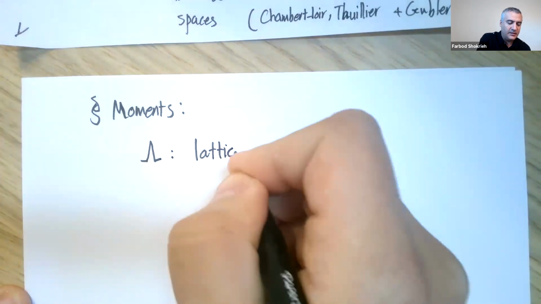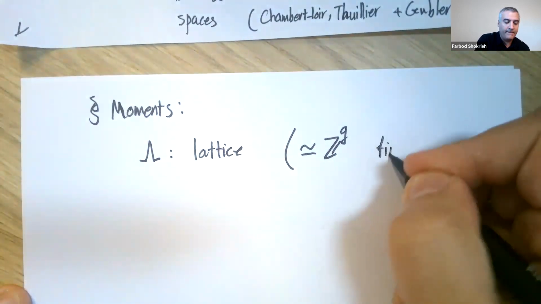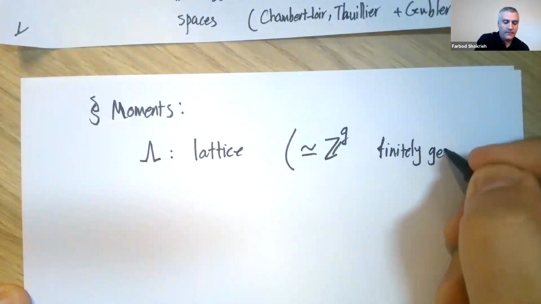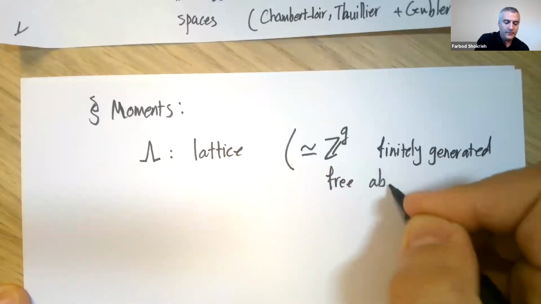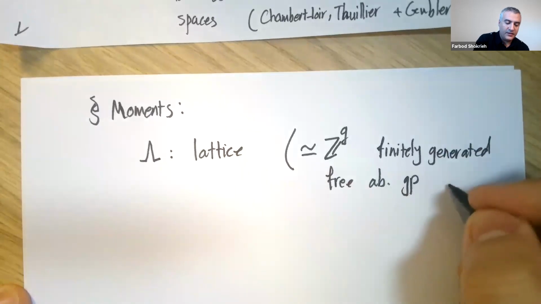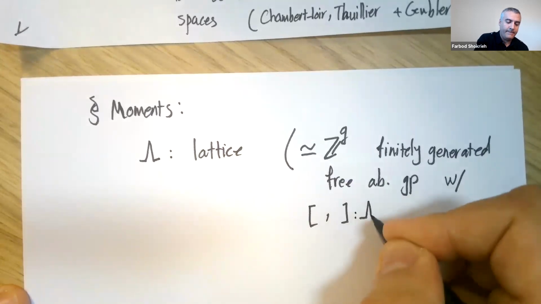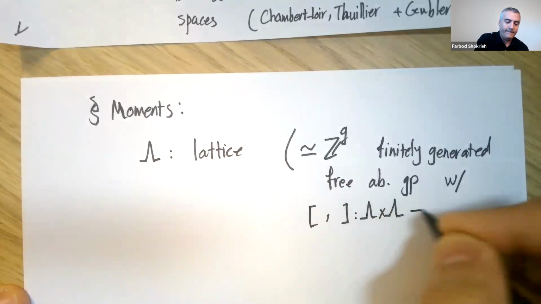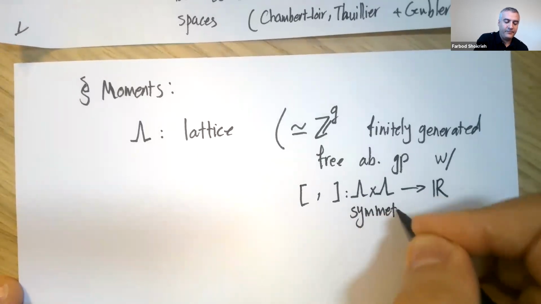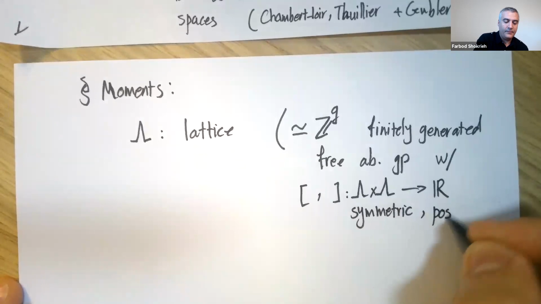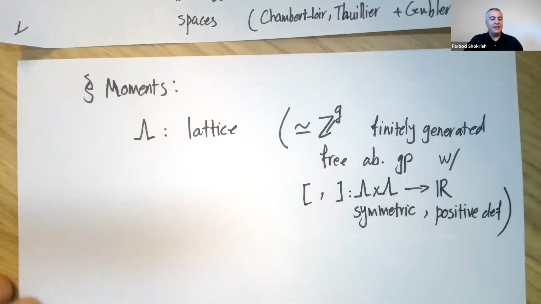And by lattice, I mean something that's isomorphic to Z to the g, a free, finitely generated free abelian group together with a product, a real valued bilinear form, which is symmetric and positive definite. That's what I mean by a lattice.